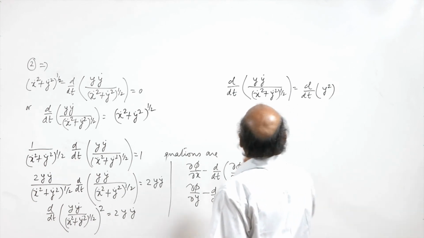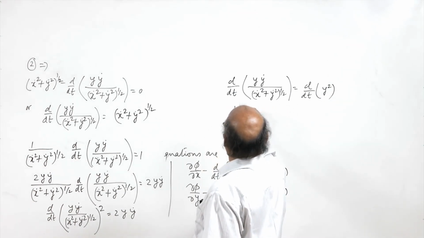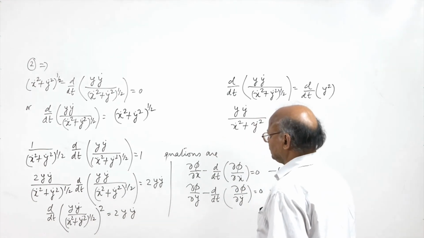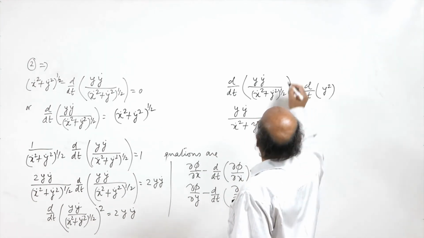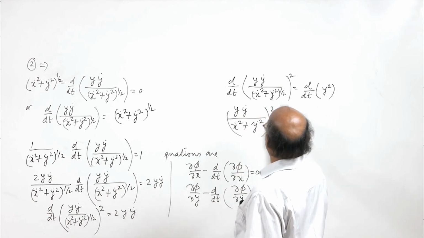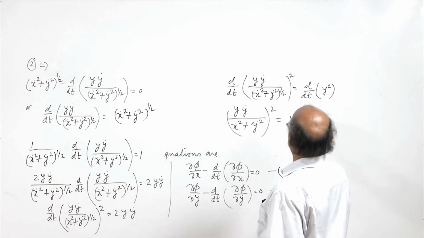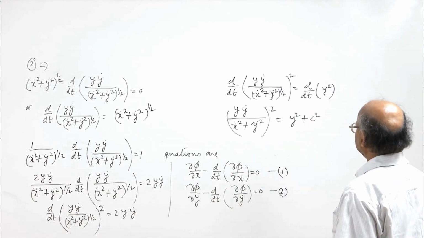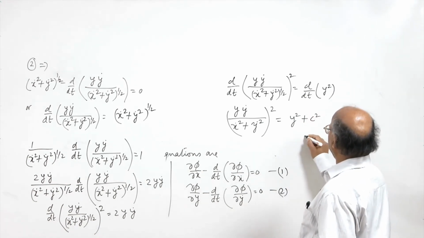Okay, we integrate both sides. So y y dot upon (x dot square plus y dot square) to the power half, squared, is equal to y square, let us write plus c square, the constant we can take as c square.